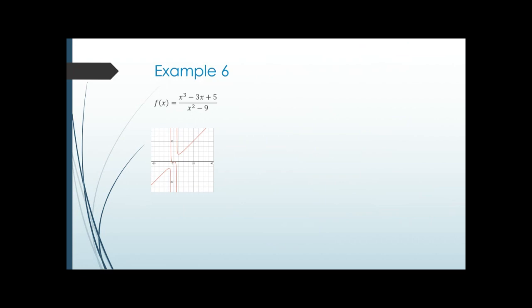So we're going to go through everything. We're going to do the domain: all reals except blank. Vertical asymptote. That's where the denominator is equal to 0. So our denominator here is x squared minus 9. And I can solve this by taking square roots. So I'm going to first start by adding 9 to both sides, which gives me x squared equals 9.